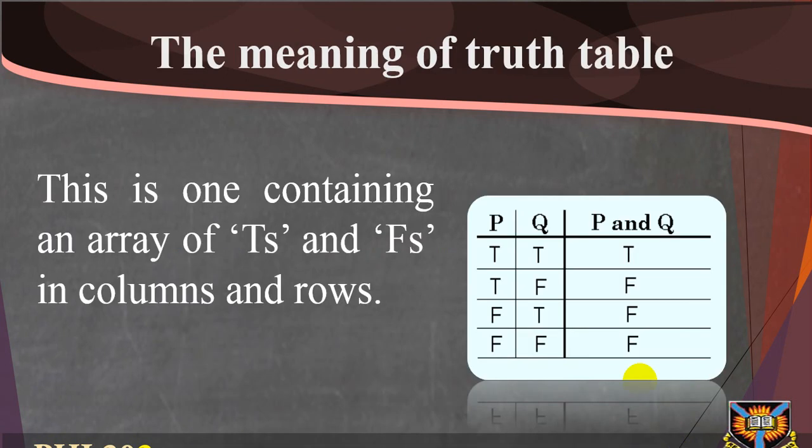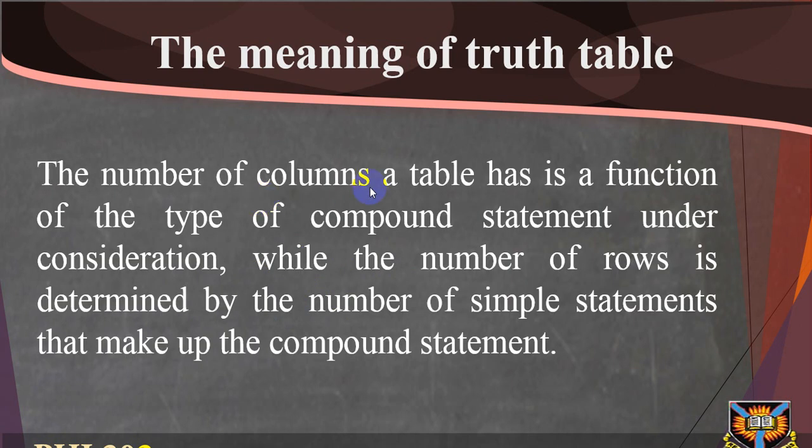The meaning of truth table. A truth table is a table containing an array of T's and F's in columns and rows. The number of columns a table should have is a function of the type of compound statement under consideration, while the number of rows is determined by the number of simple statements that make up the compound statements.